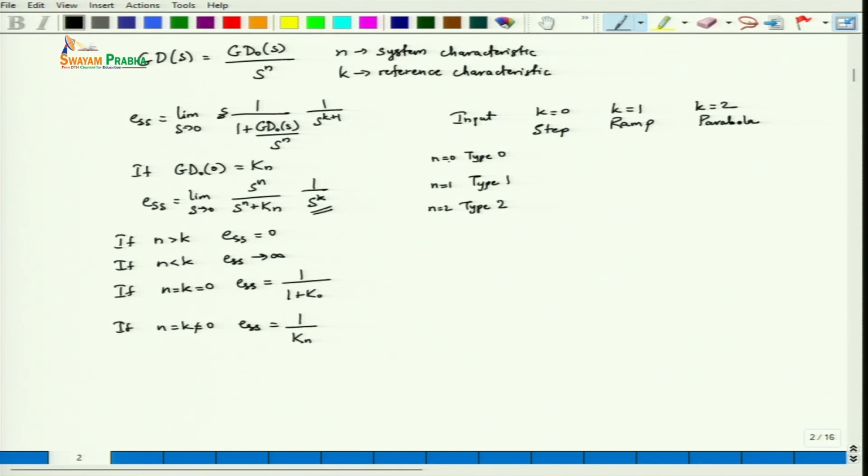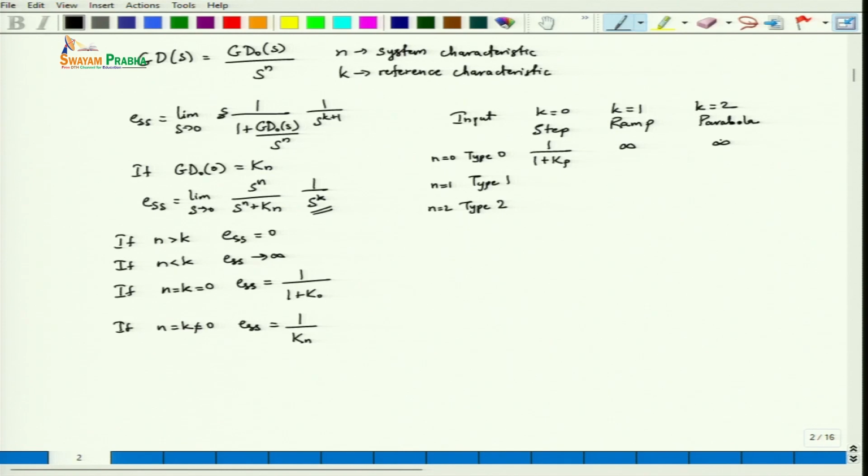So now if we consider n is equal to 0 and k is equal to 0, we have 1 divided by 1 plus kp, where kp is an error constant. In the scenario where n is equal to 0 and k is equal to 1, this goes to infinity, and the same holds here.